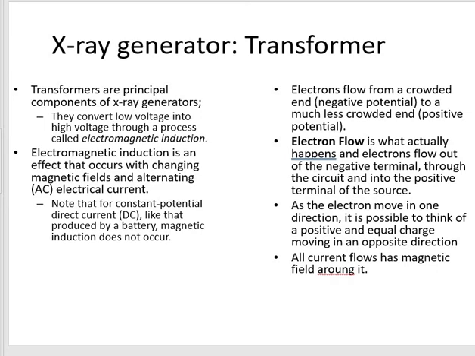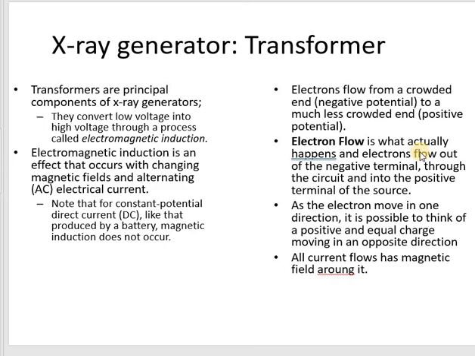Electromagnetic induction is an effect that occurs when the magnetic field is changed and alternating current is produced. So for constant potential direct current, like a battery, magnetic induction does not exist. So what is a transformer?